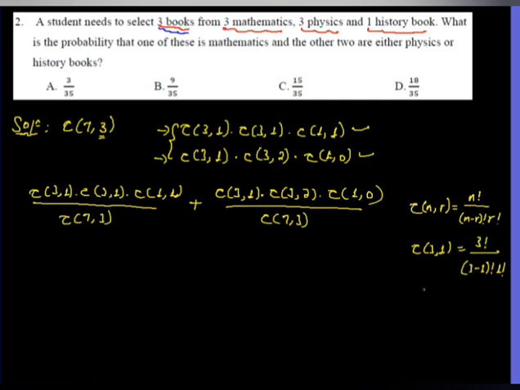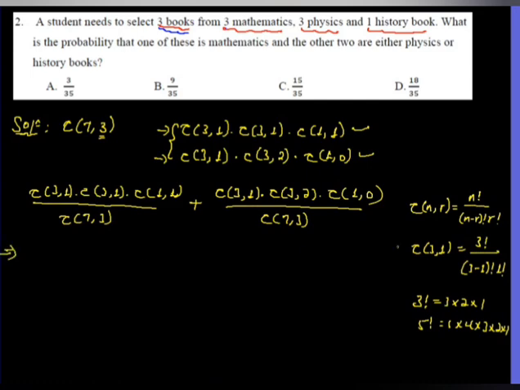To remind you what factorial means, 3 factorial means 3 times 2 times 1. 5 factorial means 5 times 4 times 3 times 2 times 1, nothing more. So it's a very simple calculation.